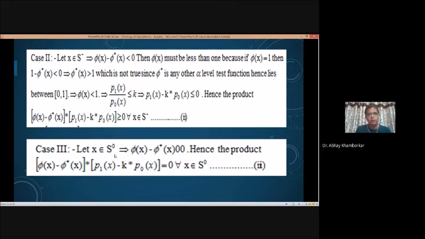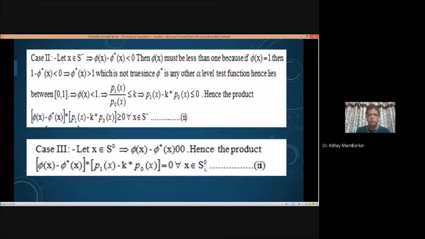We have already defined s naught, that is phi of x minus phi star of x equal to 0. So if this bracket equal to 0, then naturally the product between these two terms, since this first bracket is 0, will be 0. Therefore, this product is equal to 0 for all those values of x which belongs to s naught.